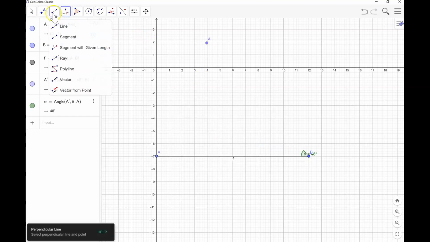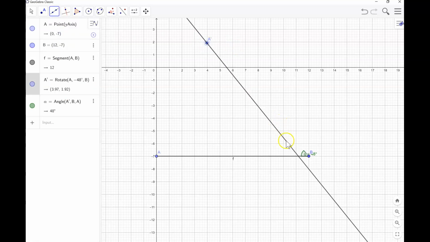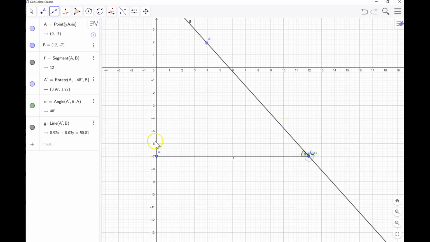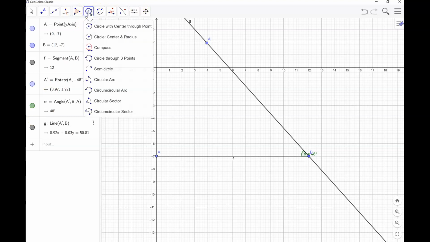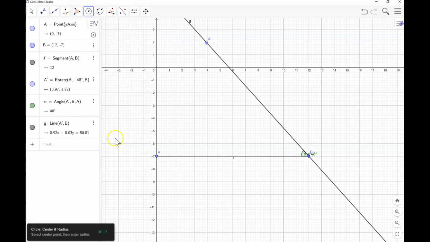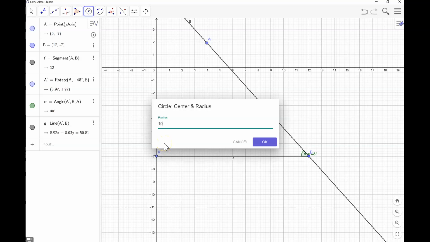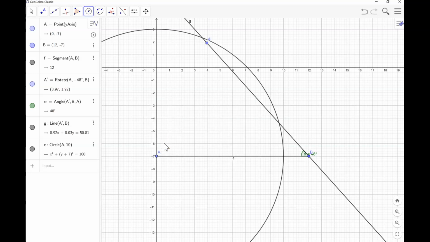And I'm going to make a line that goes through that. And then let's say that the other side is 10, right?